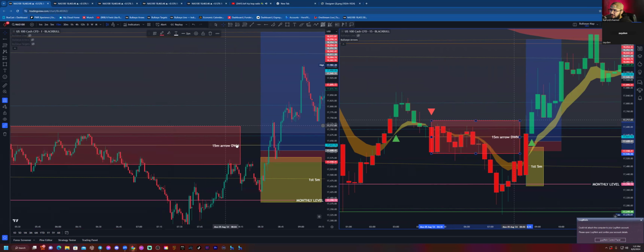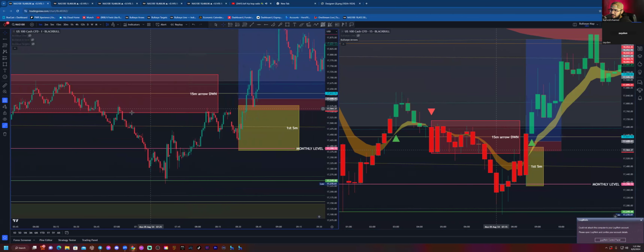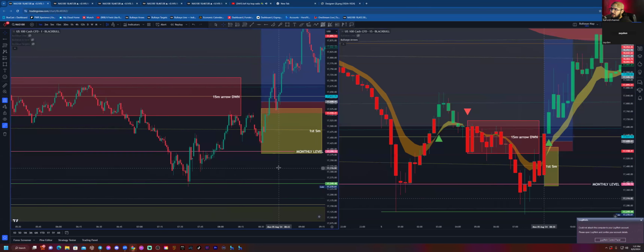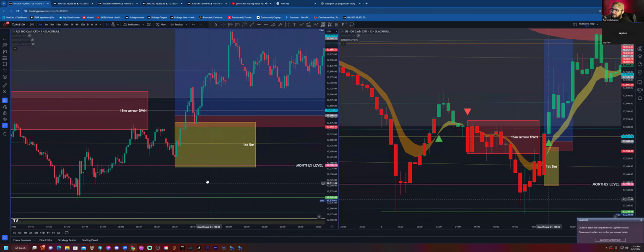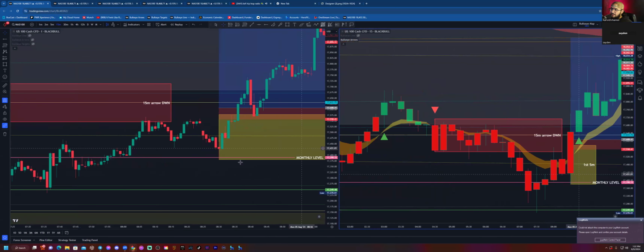Are you ready? All right, so we see that price takes out a monthly level, which could potentially take us higher. And we see that price took out a very significant low here at midnight, which could take us higher. All right. Now, 8:30 happens. 8:30 opens the New York Stock Exchange.